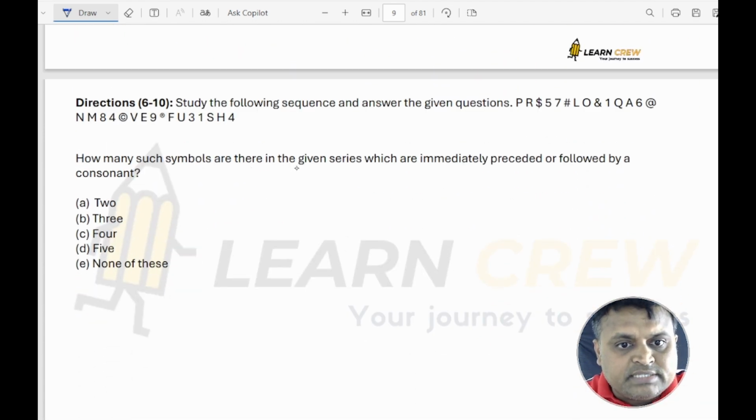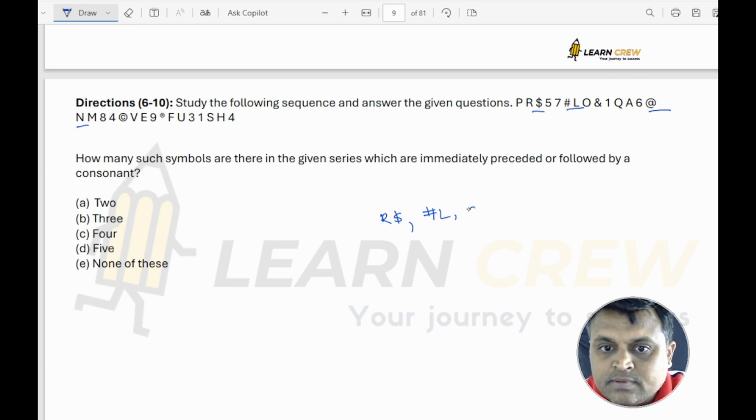how many such symbols are there in the given series which are immediately preceded or followed by a consonant? So I can see here R, dollar, and I can see hash L, and @N, consonant, @N.